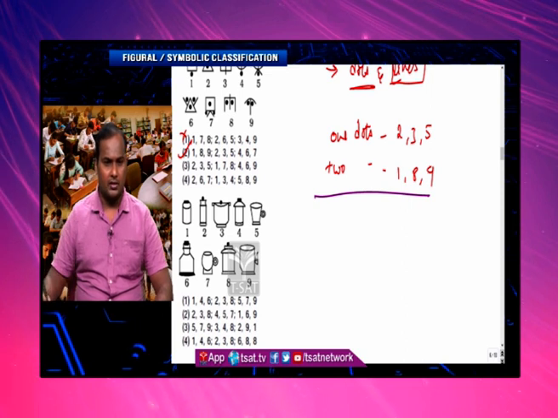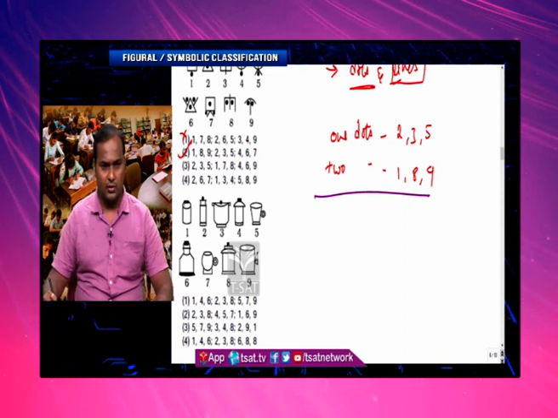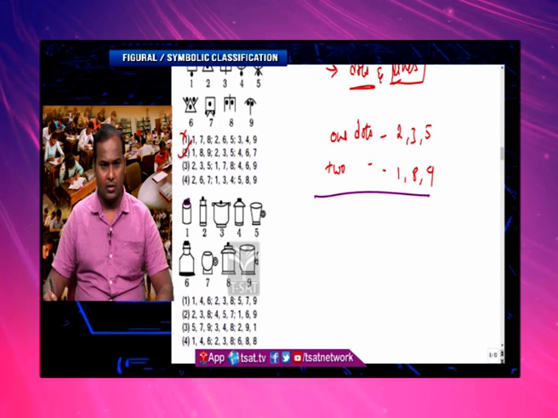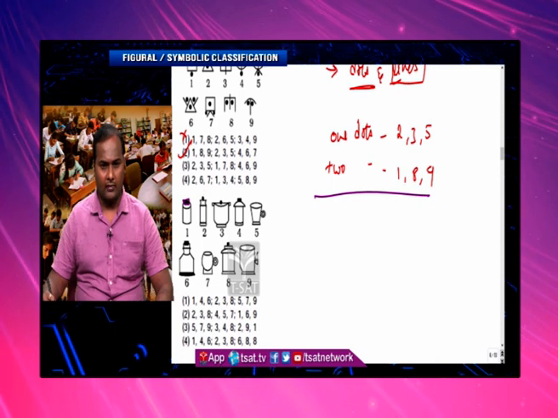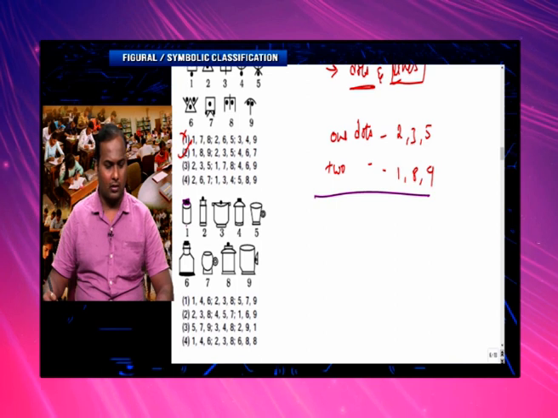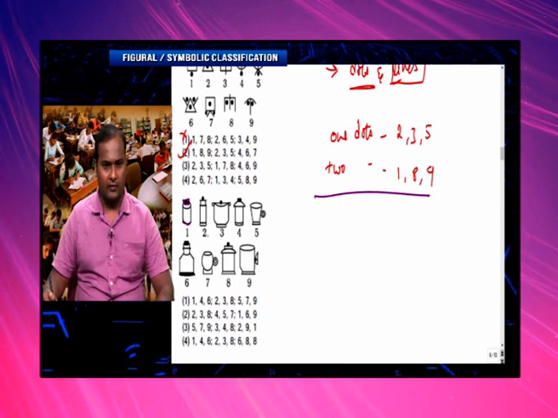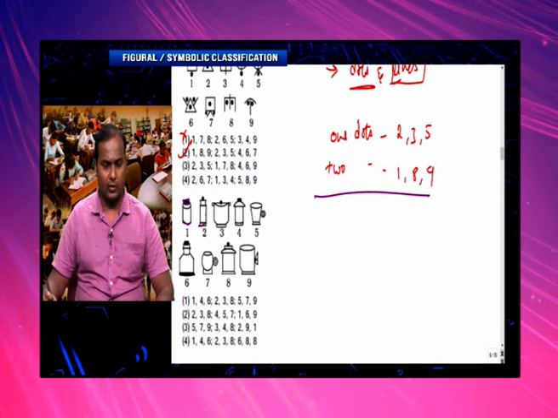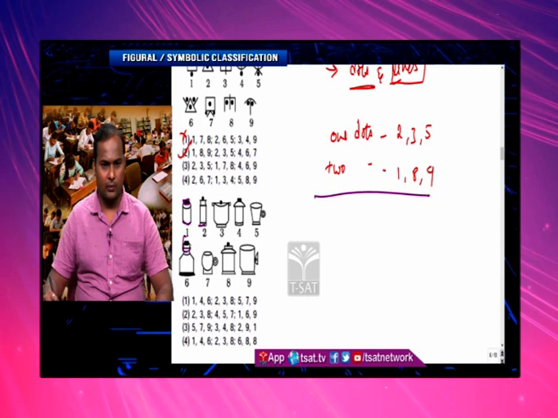So what I can consider is the top portion. In figure 1, this top portion is in the form of a square, whereas in figure 2, the top portion is having a dot. And moreover, in figure 1, the bottom is a bit curved, whereas in figure 2, it is quite straight. So what I can take is the top portion, that is this lid portion.